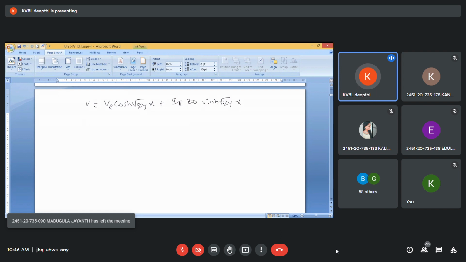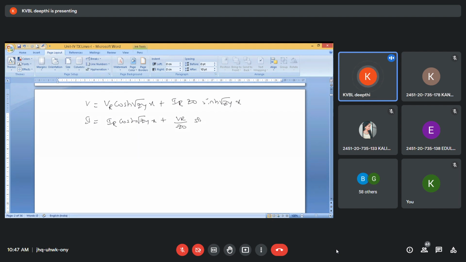So these were the equations we got, correct? Then I is equal to, what is the equation we got here? IR cosh root ZY into x plus VR by Z naught sinh root of ZY into x. These are the equations for V and I in terms of hyperbolic functions.